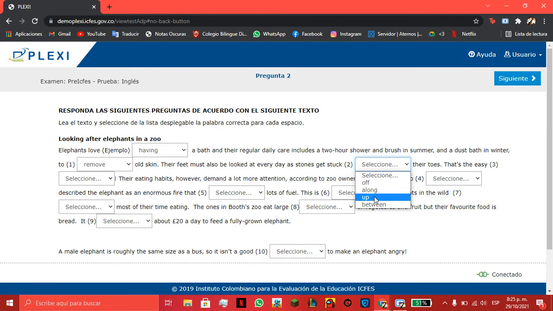Here the right answer for me is up because it said that the stones that are in the ground get stuck in their toes, and if the stones are in the ground they are going to get stuck in the bottom of the toes of the elephant, so that's why it's up, because the part that gets stuck of the stone is the top of it.